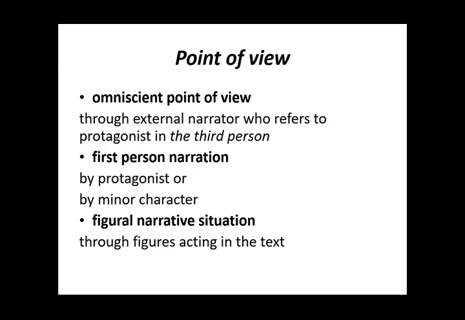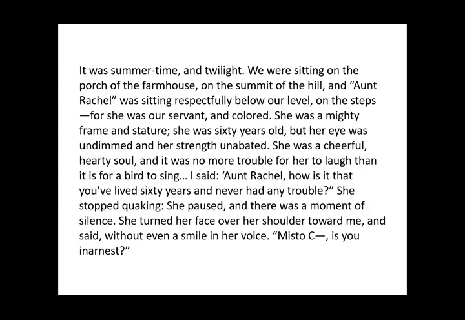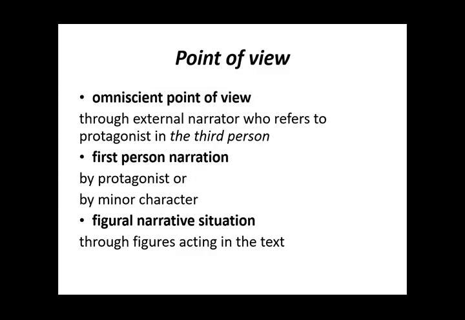And the next is the point of view. The omniscient is the third person point of view. The third person point of view says something like, Annie walks through the door, Annie reads the comic book, Annie then fell asleep.